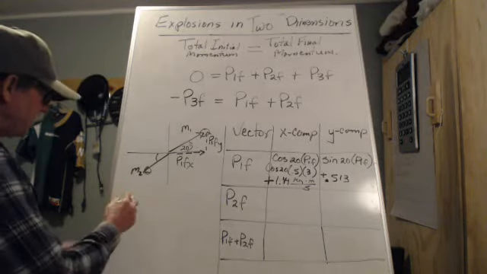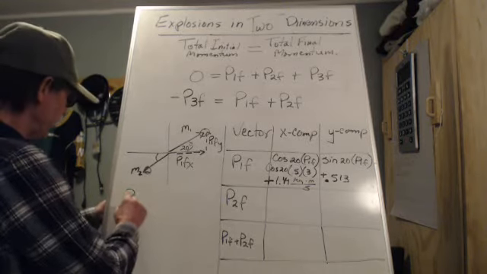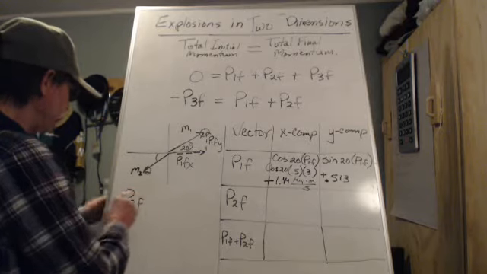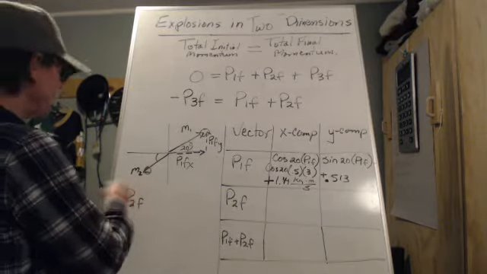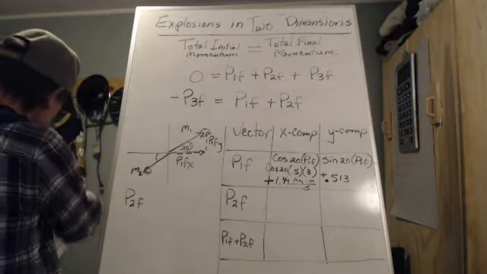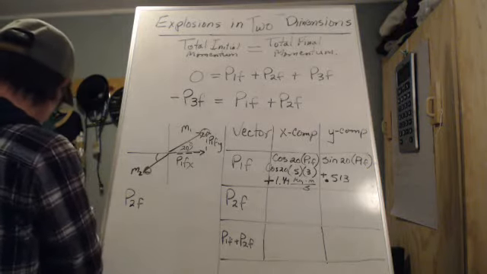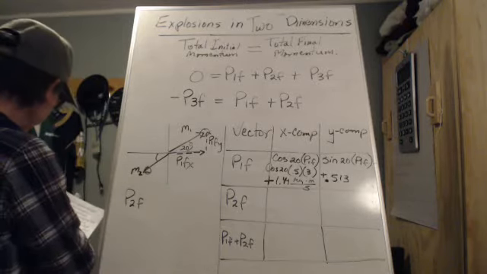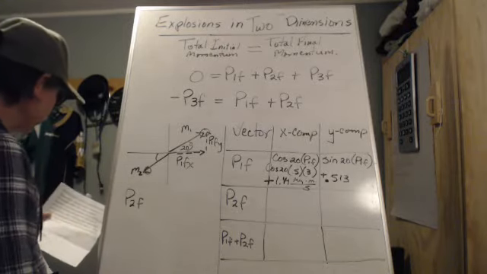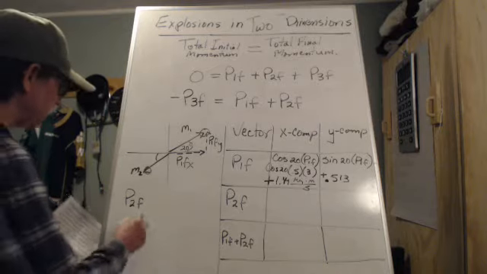Okay, what is P2F? I'm just going to write it over here. Let's see. What is the information we have about P2? We have 0.3 at 5 meters per second. Hey, it's the same thing.